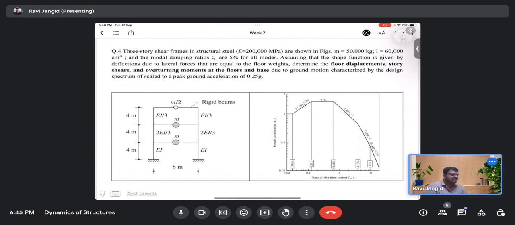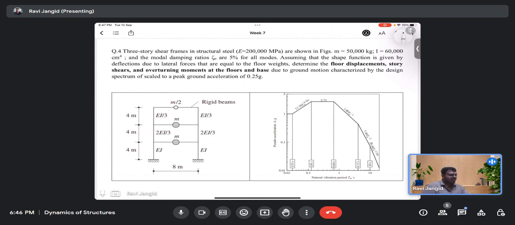I is given as 60,000 centimeter power 4, and the damping is 5% for all the modes. Assume that the shape function is given by the deflection due to lateral forces equal to the floor weight. We need to determine the floor displacement, story shear, overturning moment at the floor and the base due to the ground motion characterized by the design spectrum scaled to a peak ground acceleration of 0.25.